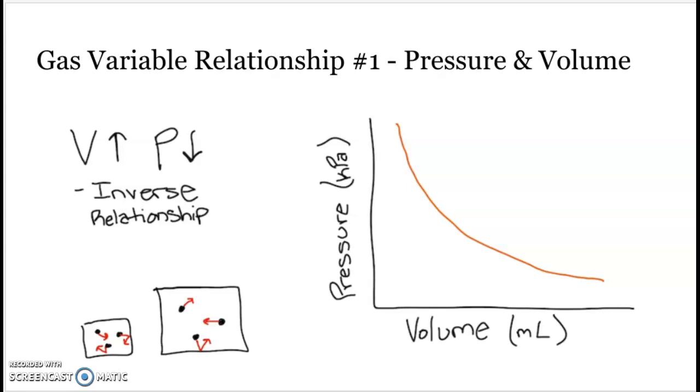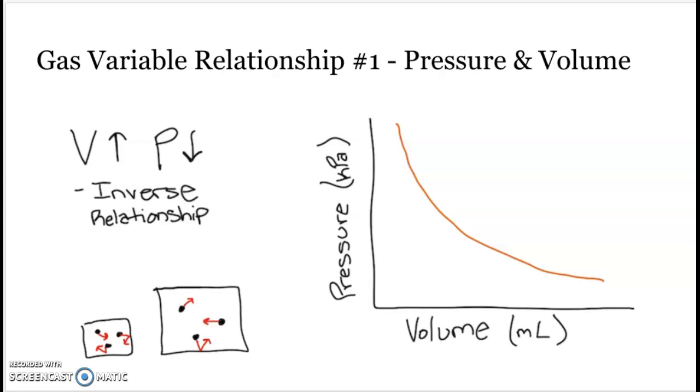Since the boxes are at the same temperature, the average kinetic energy, or the speed of these particles, will be the same, because temperature is what dictates the motion or the speed of the particles. So they're going to have the same speed.